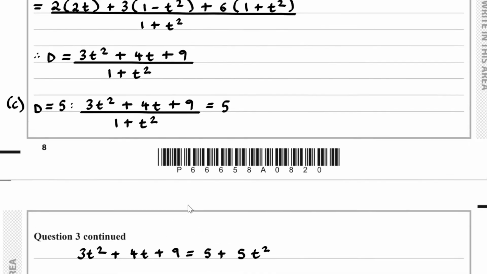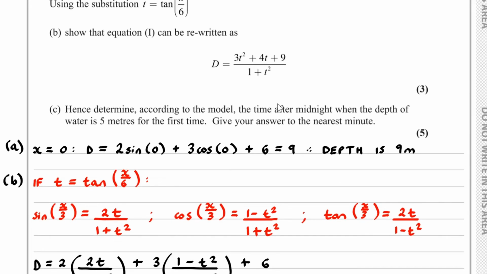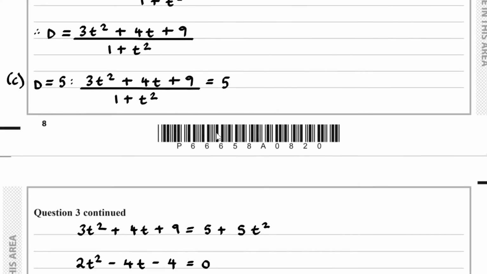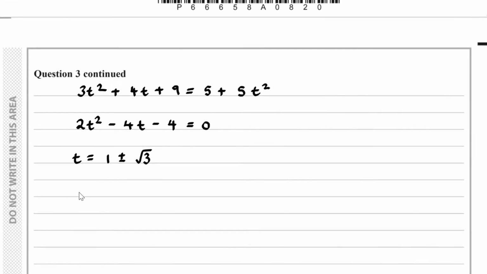And because we want the first time, then we take the positive solution, we take the value of t equals 1 plus square root of 3. And we know what t is, that's tan of x upon 6.